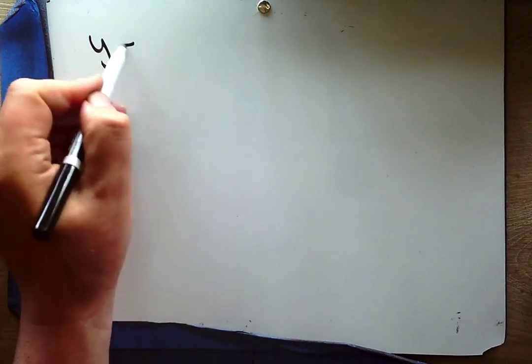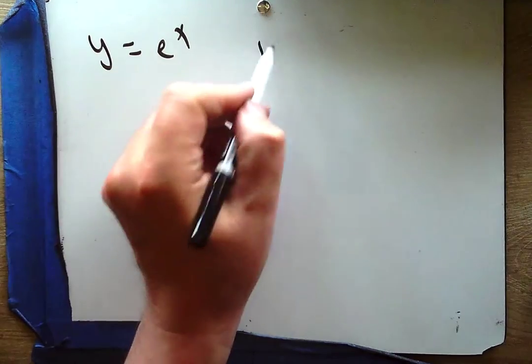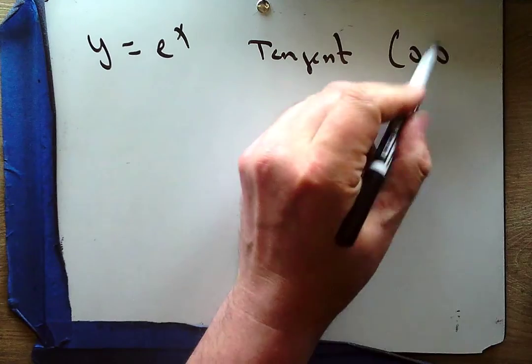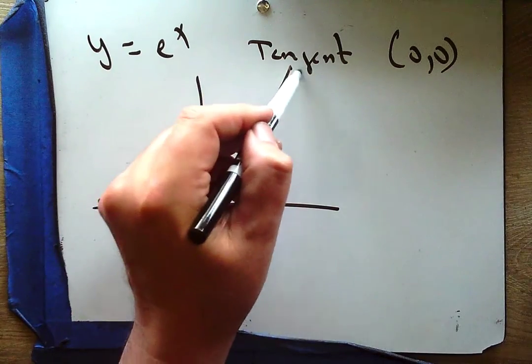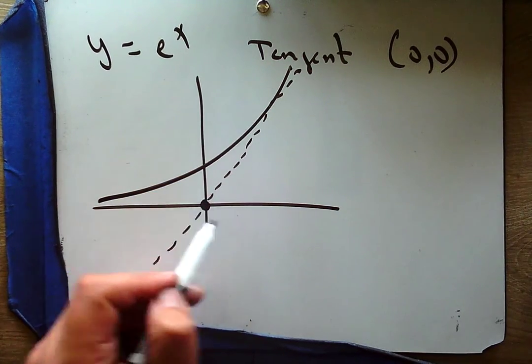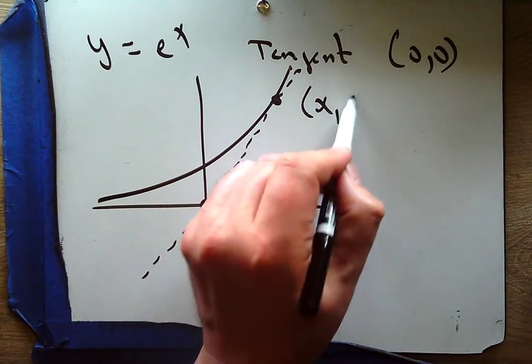And finally, number 66, y equals e to the x, and I want to write the equation of the tangent that passes through 0, 0. So if we think about this, there's somewhere a tangent line that passes through 0, 0. I don't know what the point of tangency is.